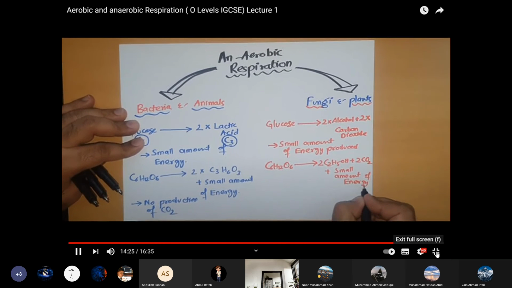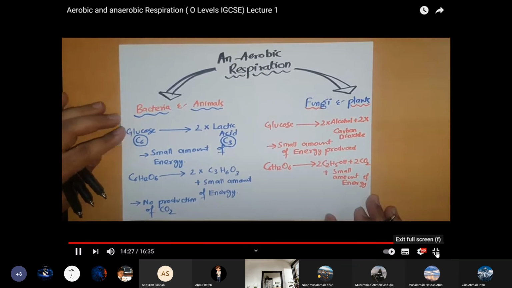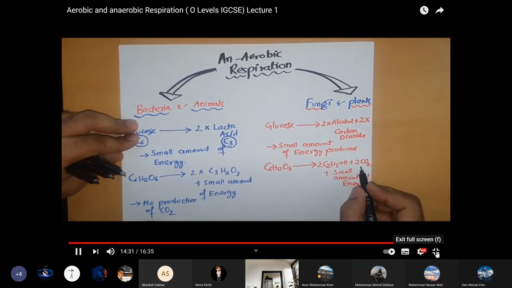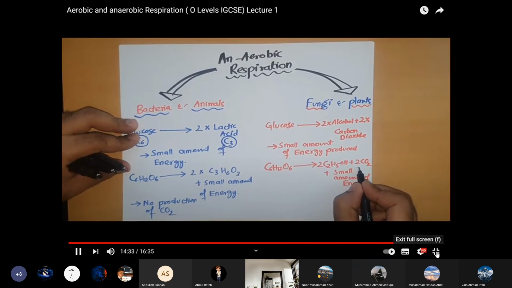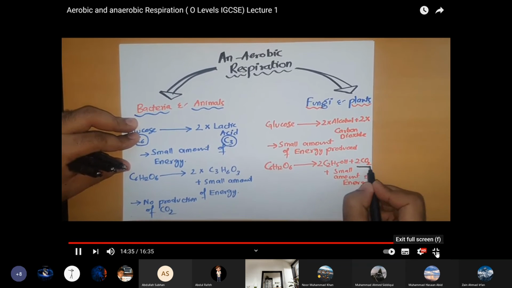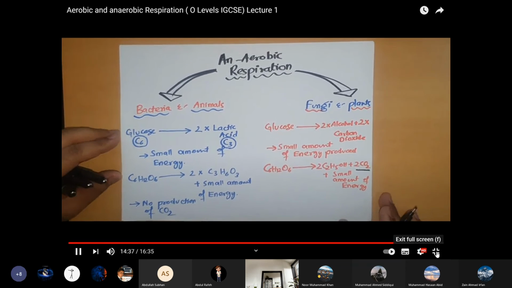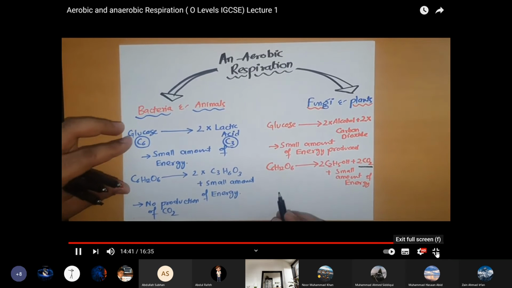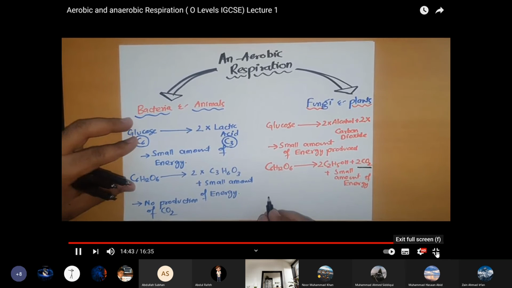Now, as you can simply see, in this chemical reaction there is production of two molecules of carbon dioxide. And if you look at both sides of the chemical equation, this chemical equation is balanced. So what do we mention?